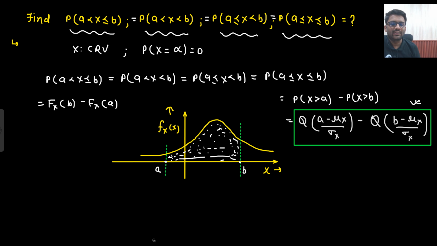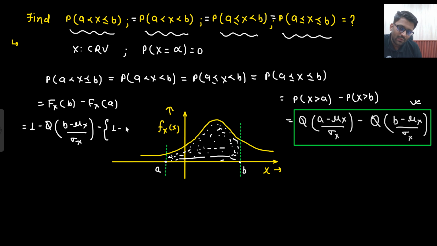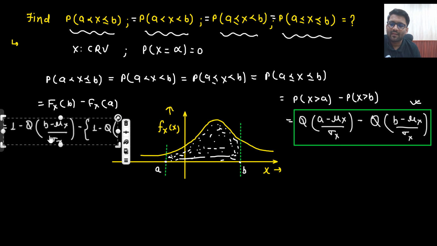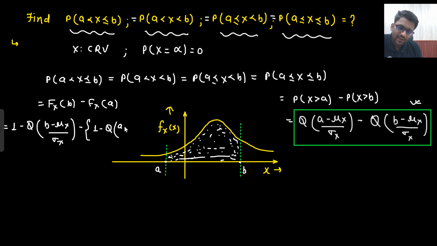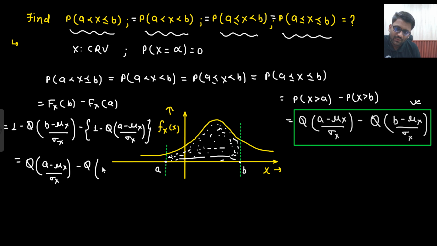With respect to the CDF, I would have written 1 minus Q of (B minus mu x) upon sigma x, minus 1 minus Q of (A minus mu x) upon sigma x. You can see that the 1 and 1 will get cancelled and you will get the same answer: Q of (A minus mu x) upon sigma x minus Q of (B minus mu x) upon sigma x.